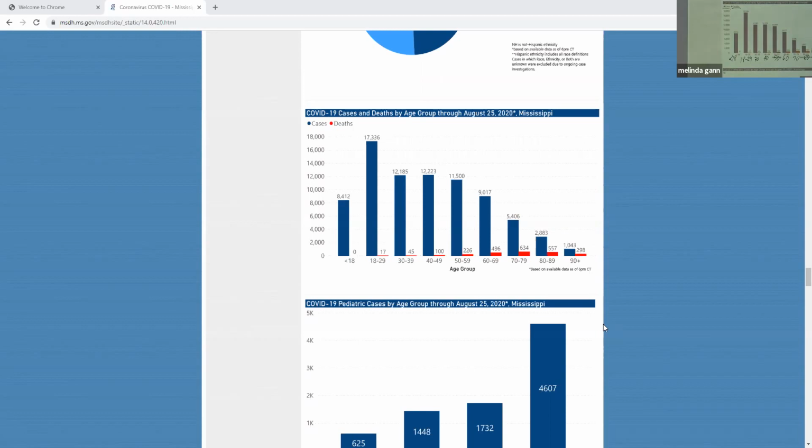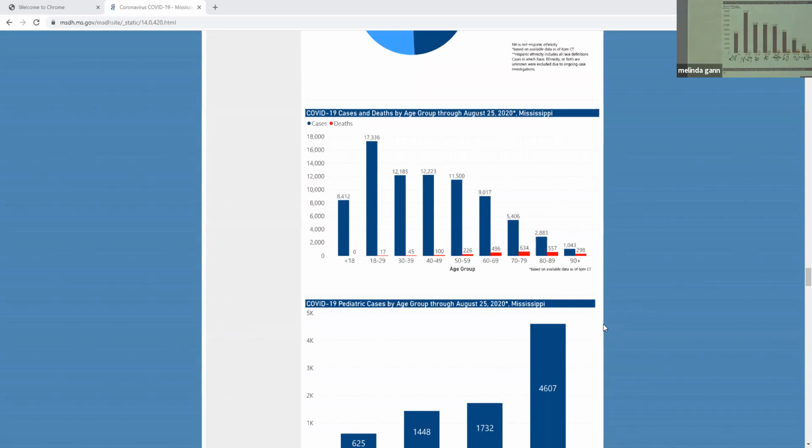So tell me something that you notice when you're looking at the bars. The deaths get worse by age. But who has it more? You do. So the group at the highest risk for just getting it appears to be people that are what? 18 to 29.